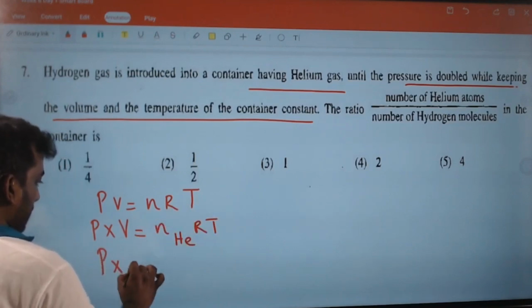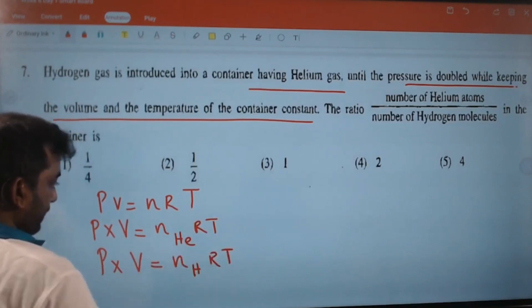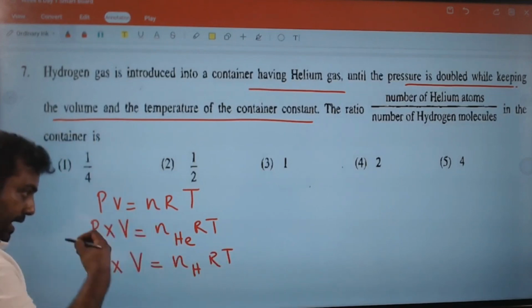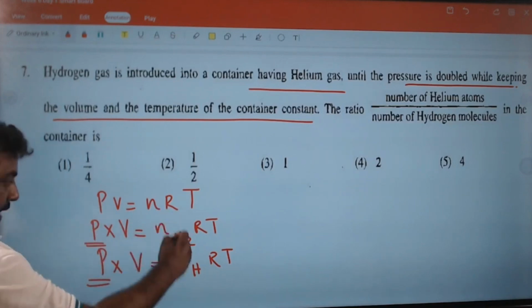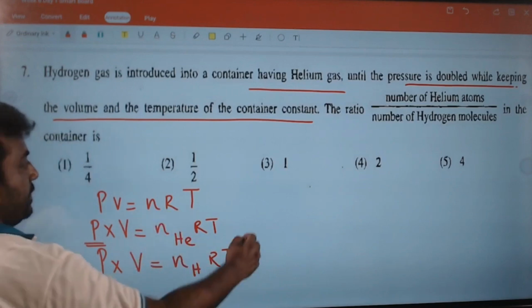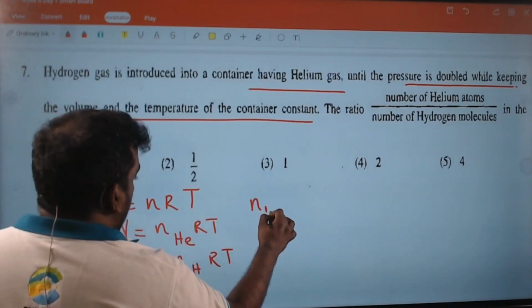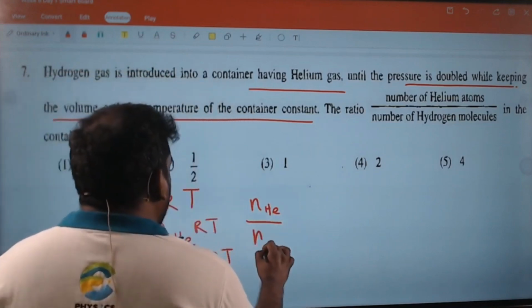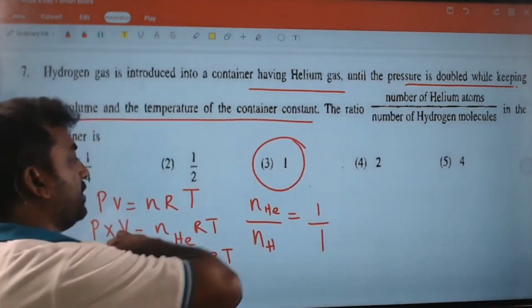Pressure P, volume V, number of moles of hydrogen, RT. Pressure created by helium is P, hydrogen also doubles, so P. Ratio, if you divide one by the other, because temperature same, volume same, number of moles of helium to number of moles of hydrogen, 1 is to 1 ratio. Correct answer is answer number 3.